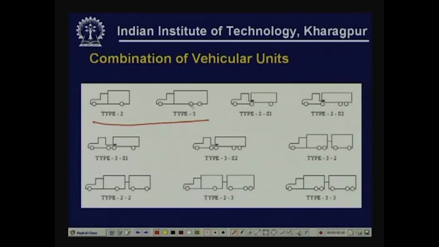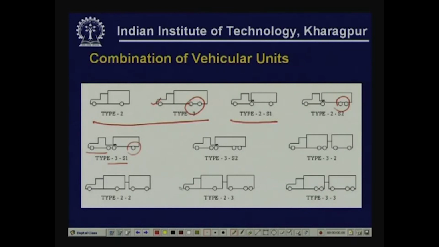In fact, this is a tandem axle, you have single axle here and a tandem axle, that is considered to be 3 axles there. These are semi trailer axles having 2 axles. This is a semi trailer axle having 2 axles in the trailer. This is a 3S1, 3 in the tractor and then 1 in the trailer.